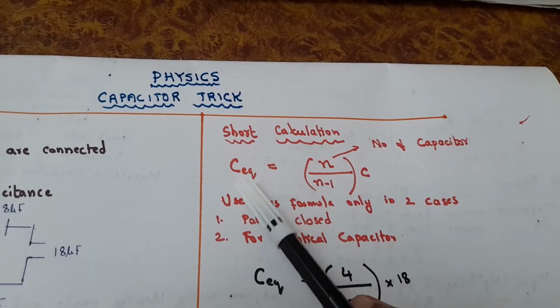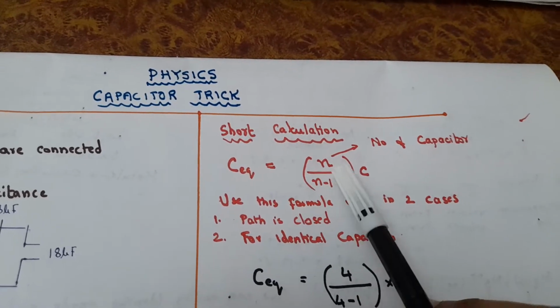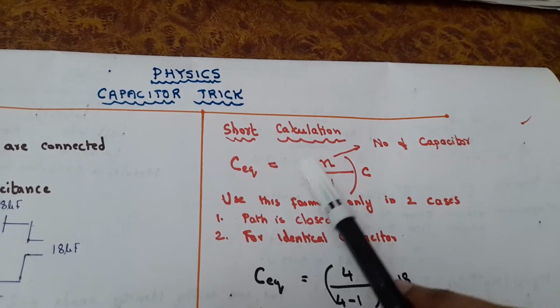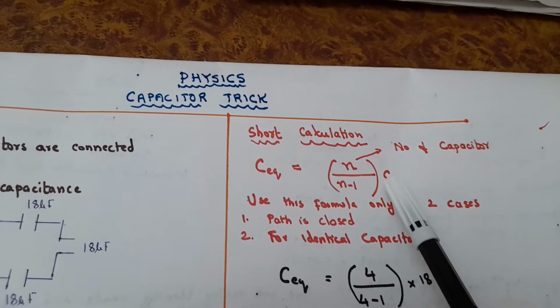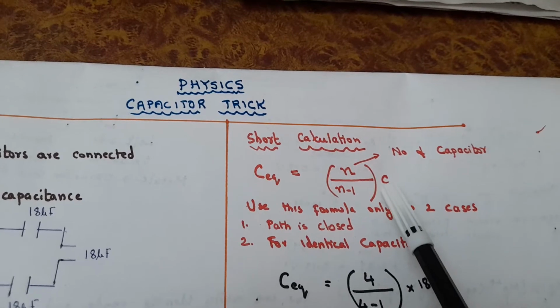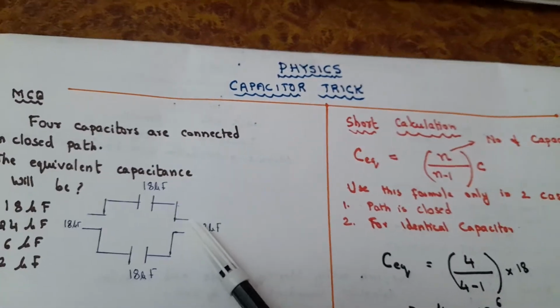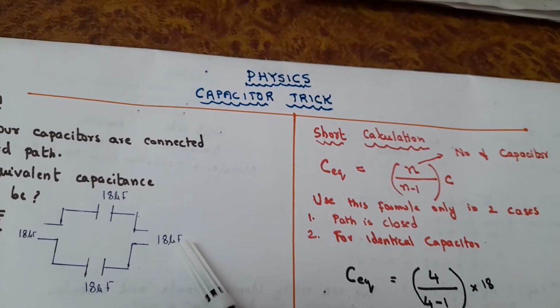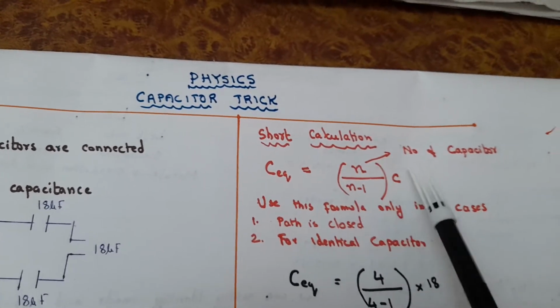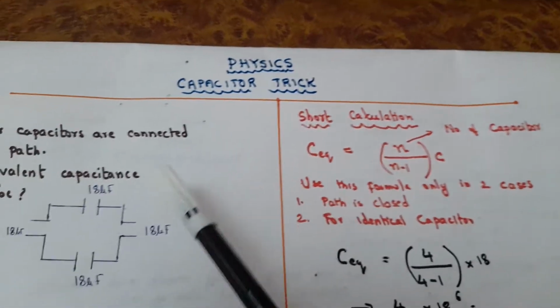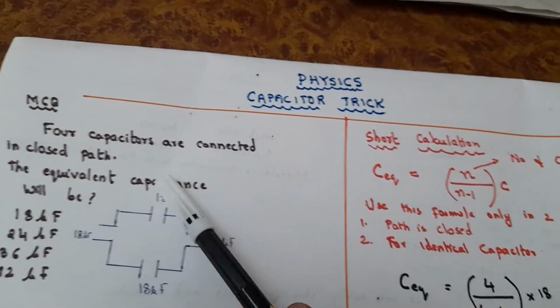So C equivalent is equal to N divided by N minus 1, into C. You have all the values in the question: C is 18 μF and N is the number of capacitors, which is 4.